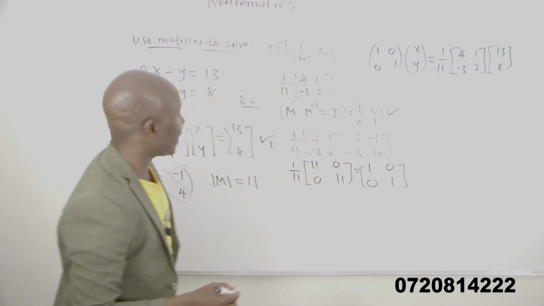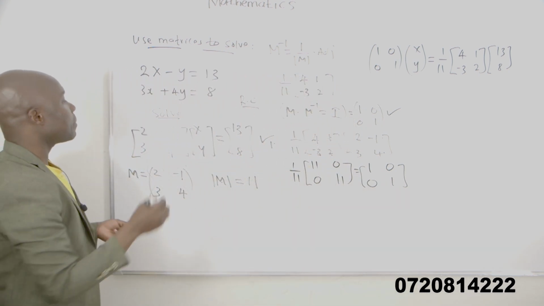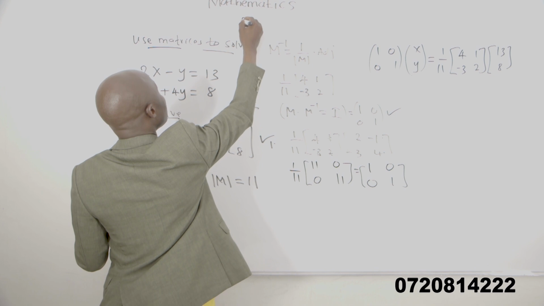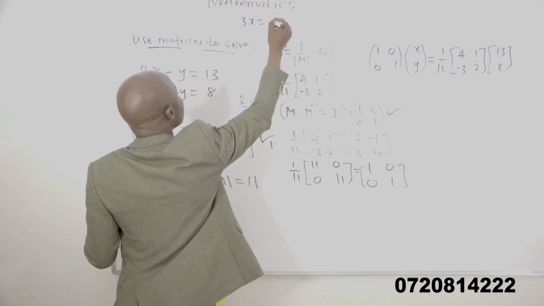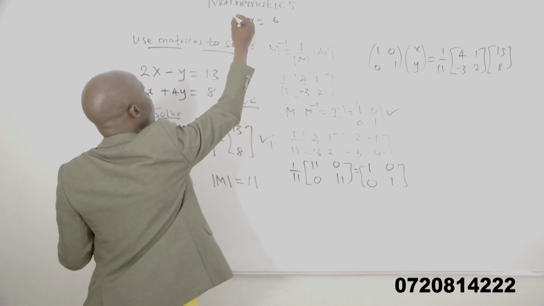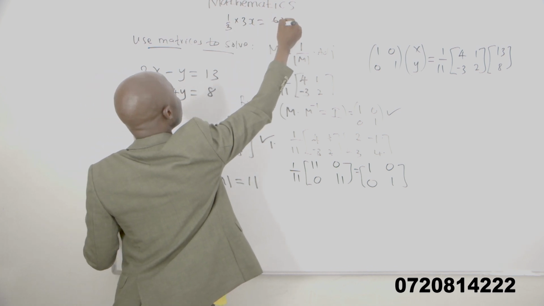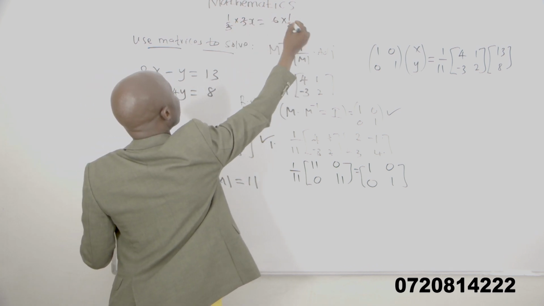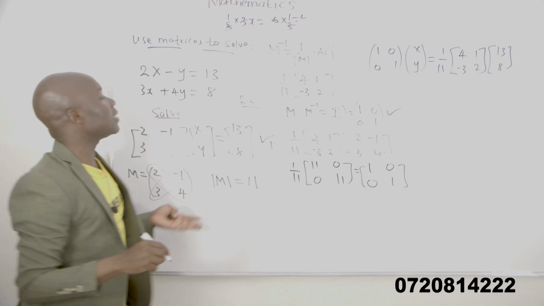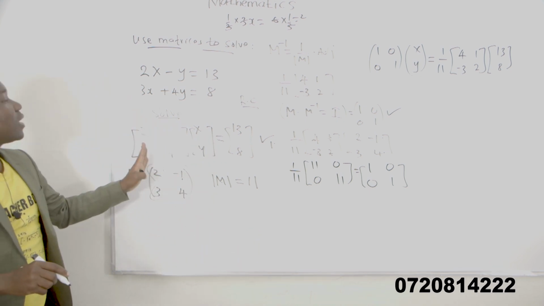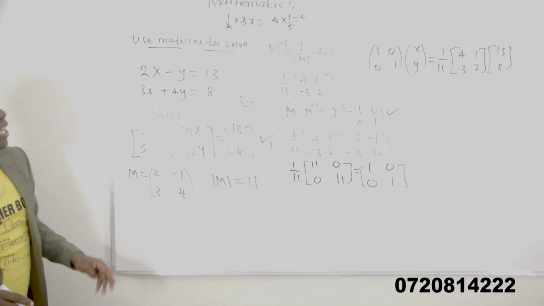In other words, it's like getting the reciprocal of a number. If somebody gave you 3x is 6, what were you supposed to do? You multiply by the reciprocal on both sides. So x is supposed to be 2. It is the same in matrices: get the inverse, then multiply both sides by the given inverse.